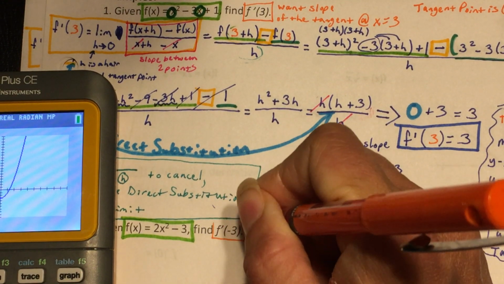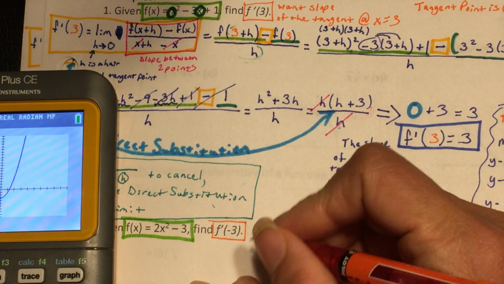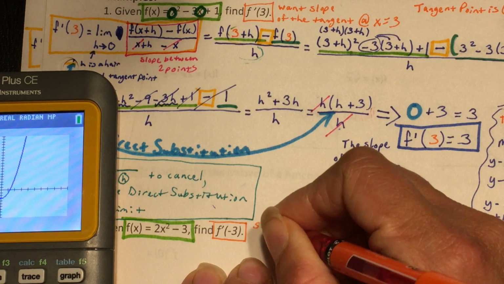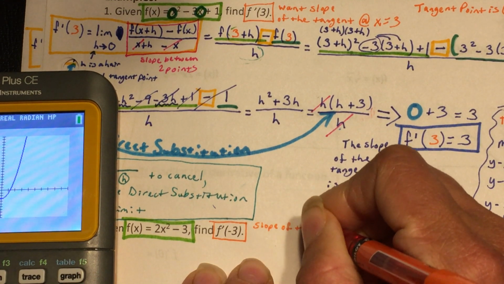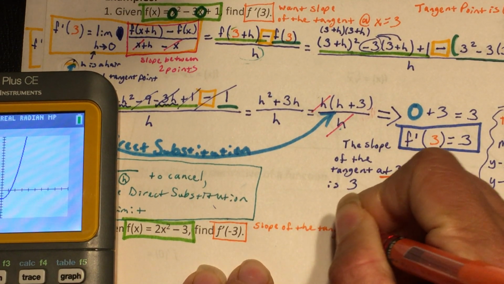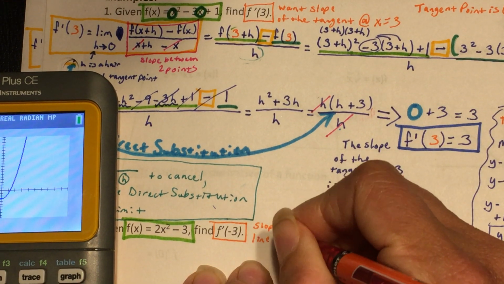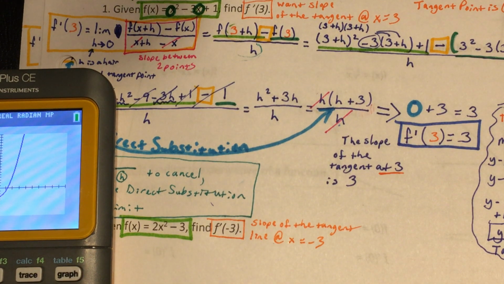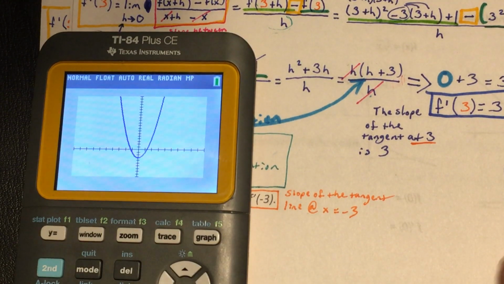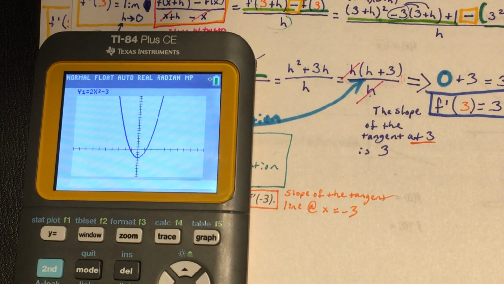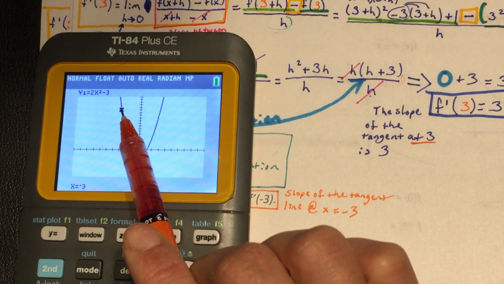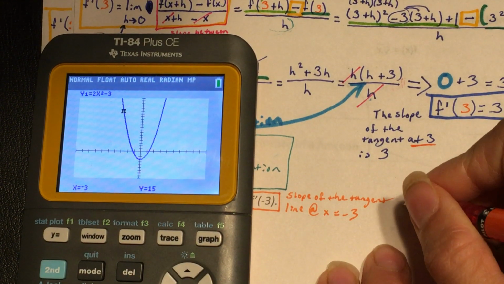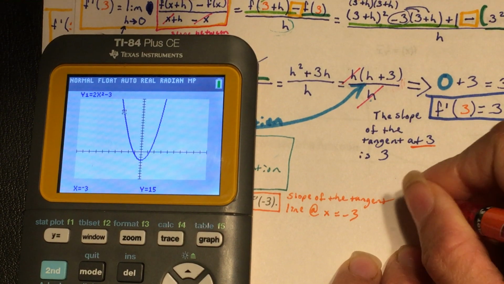So what we are looking for is the derivative at negative 3, or the slope of the tangent line at x equals negative 3. So on my graph, if I do trace negative 3, we see that the tangent point I'm looking at is negative 3, 15.